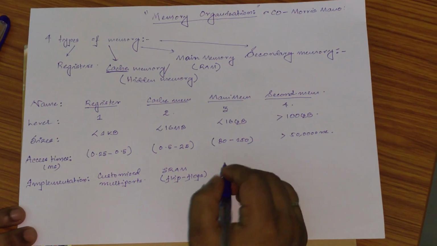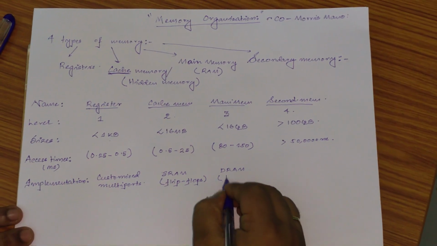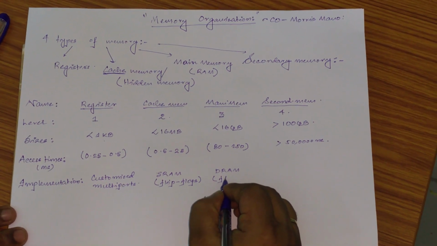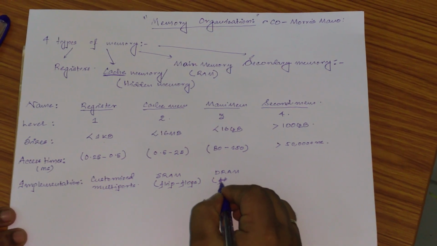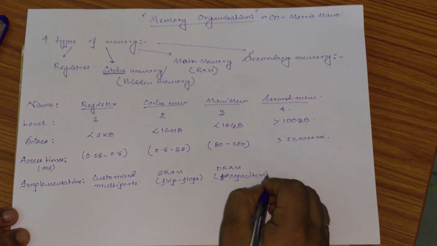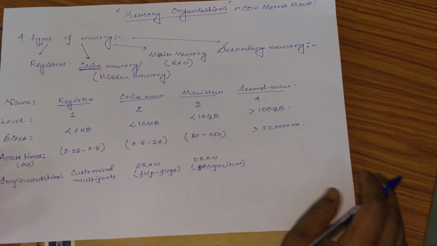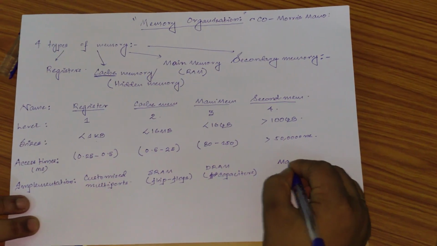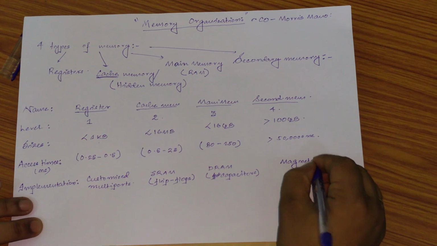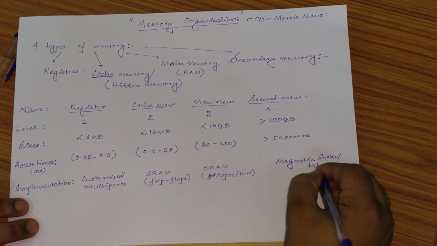The main memory, as I said before, is made up of DRAMs or dynamic RAMs, and these are capacitors. And the secondary memories are generally magnetic disks, tapes, etc.